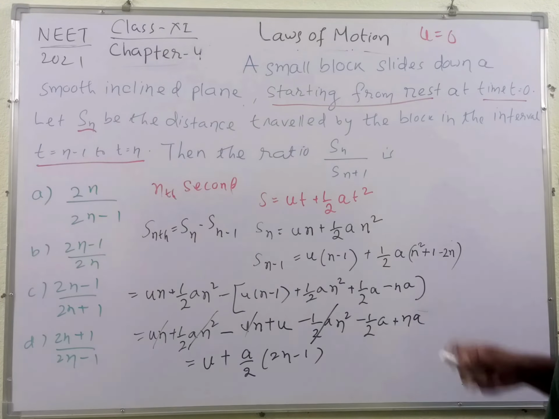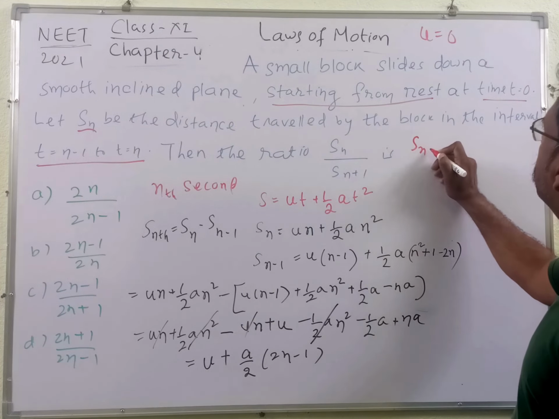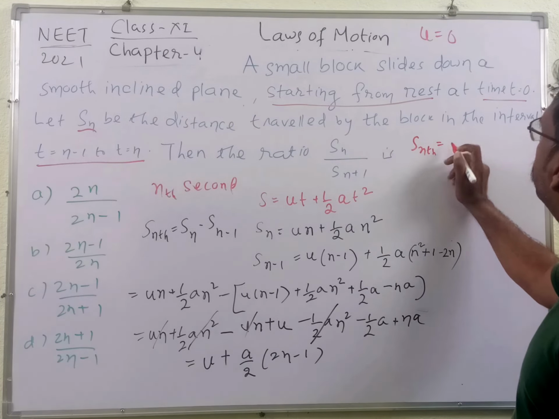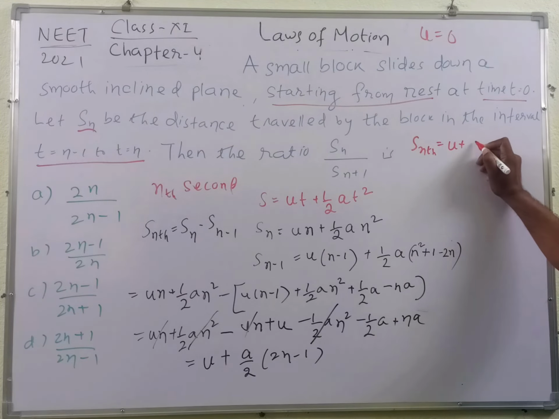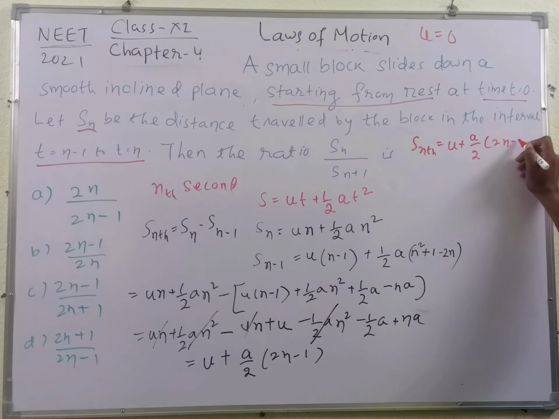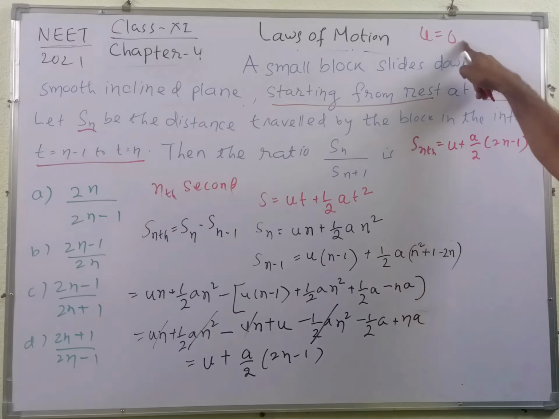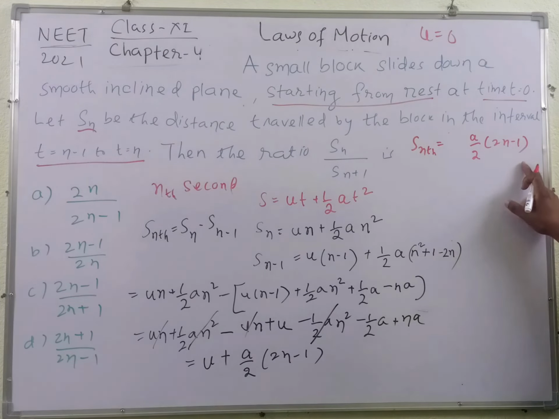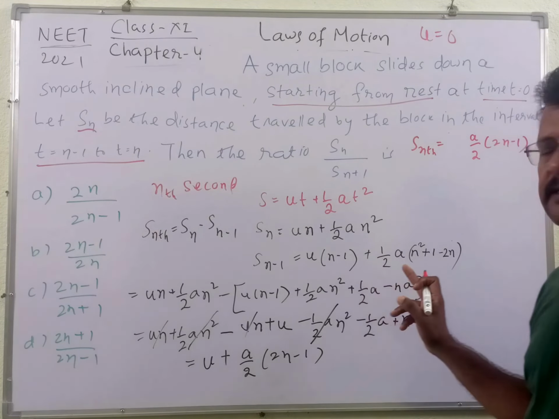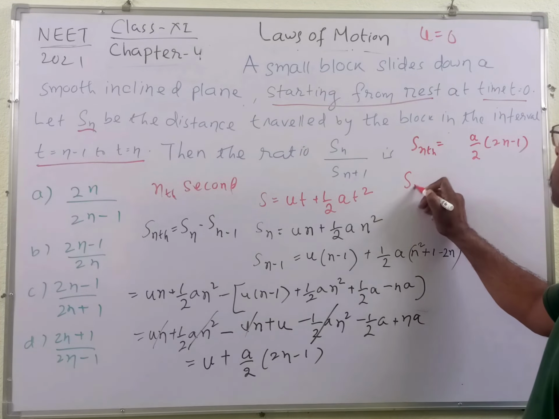So we may write that the distance traveled by the body in nth second is u plus a by 2 into 2n minus 1. And you see, student, what is u? U is 0. So you may simply write Snth is equal to a by 2 into 2n minus 1 for this case. So, student, what will be Sn plus 1?